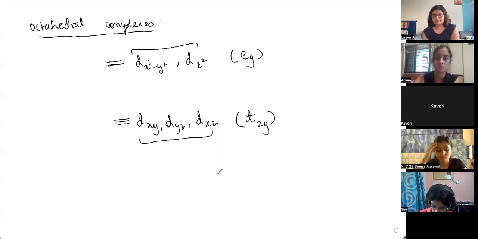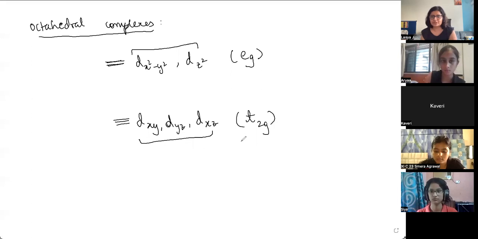This is only for reference. We won't be referring to individual orbitals; we'll directly just say T2g orbitals or Eg orbitals. T2g means dxy, dyz, dxz, these three, and Eg refers to dx square minus y square and dz square.